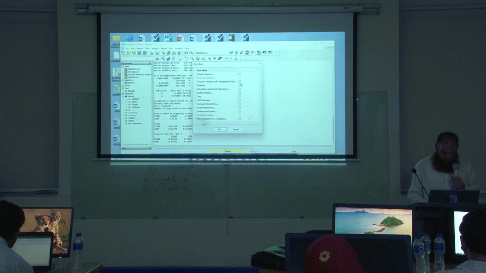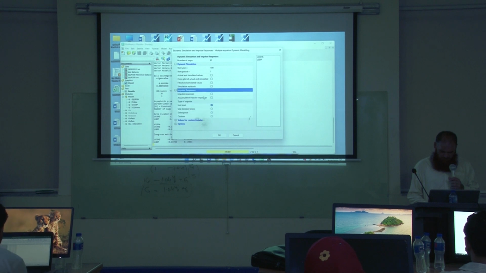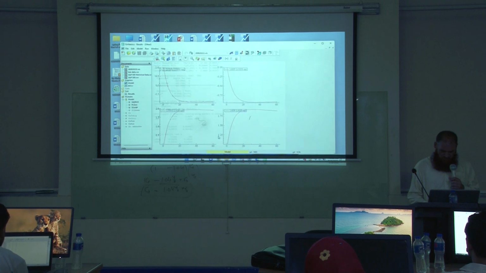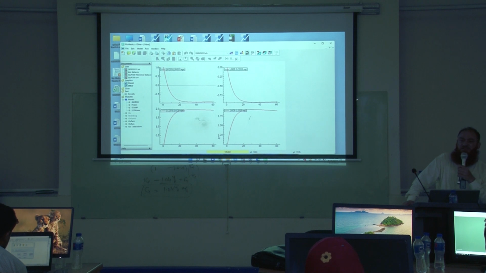I want to do the simulation and impulse response. These are the impulse response functions. This is going for very long. Actually, EViews was giving you only 10 periods. This is giving you 60 periods.